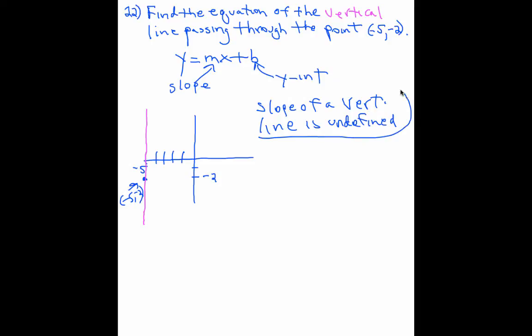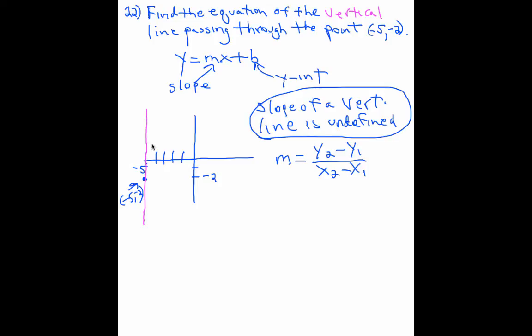Now the reason for that is because of the arithmetic, the math that goes on in the slope formula. Remember, the slope is going to be the rise, which is the difference in the y's, over the run, which is the difference in the x's.